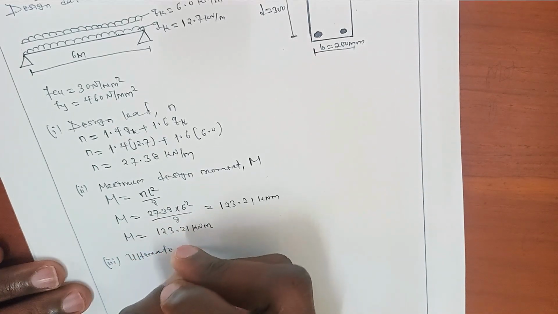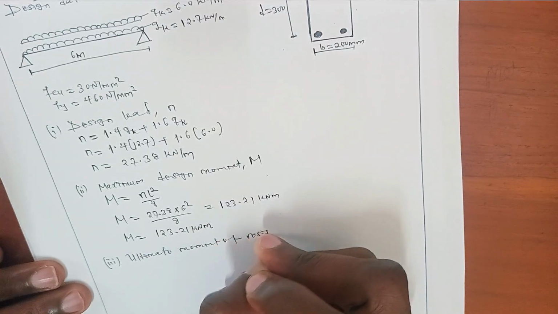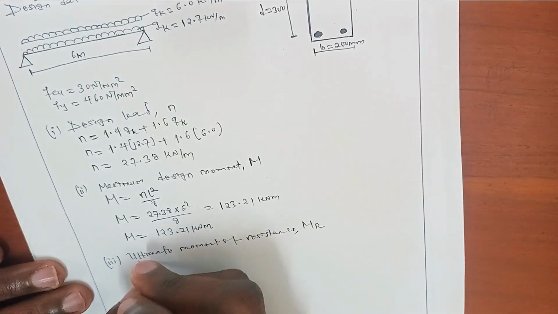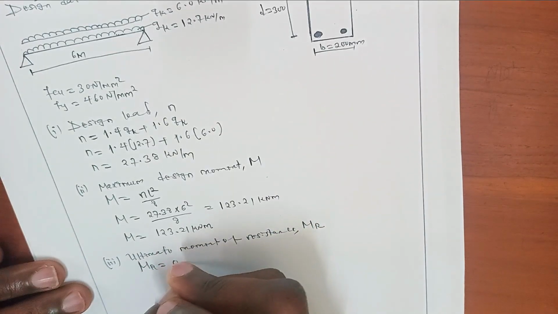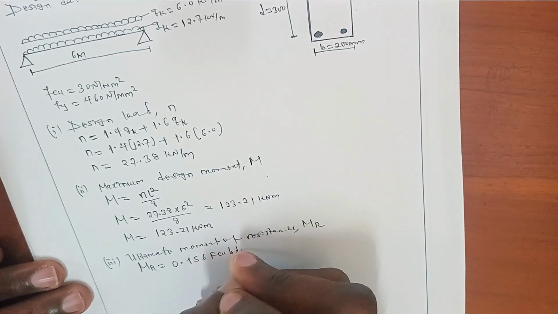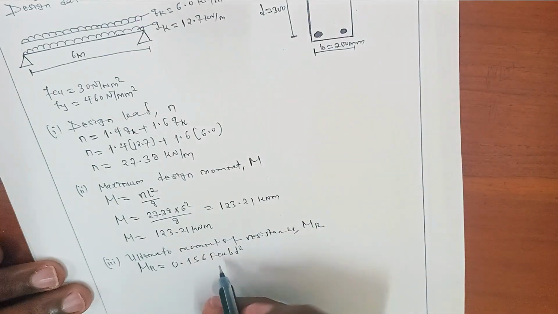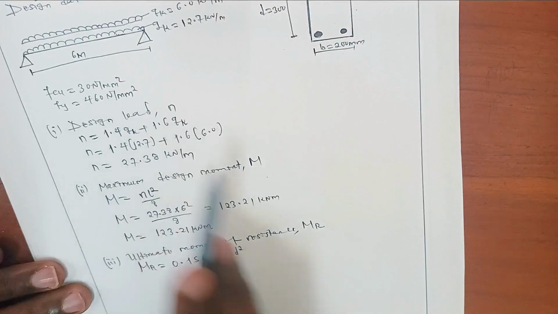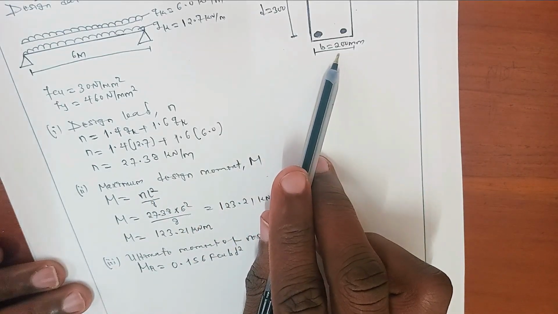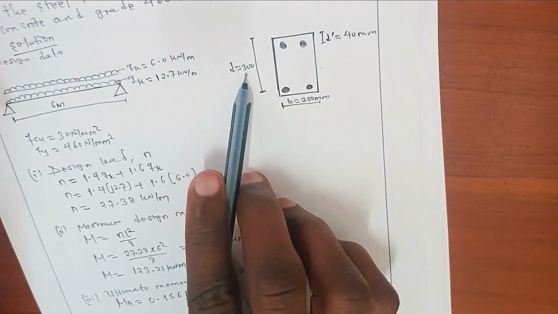The next step is to find the ultimate moment of resistance, MR. Ultimate moment of resistance is given by the formula 0.156 fcu times b d square. Let's substitute: fcu is 30 Newton per millimeter square, b is 200, and effective depth is 300.